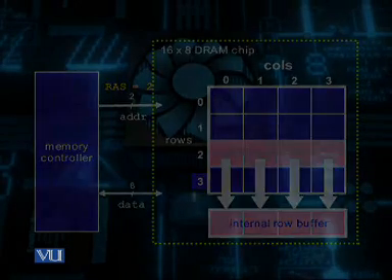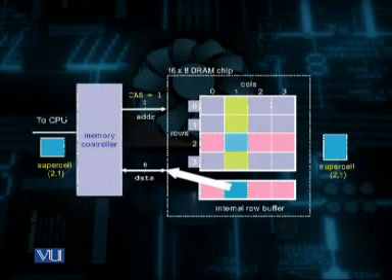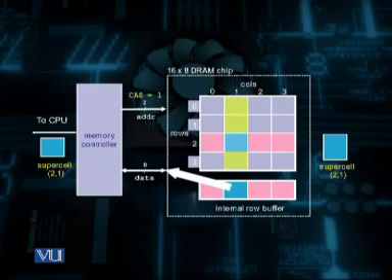Then the next step is that the column access strobe, that is CAS, is applied, which in this example selects column 1. Therefore, now we are in a position to copy the supercell 2,1 from the buffer to the data line and eventually to the processor.